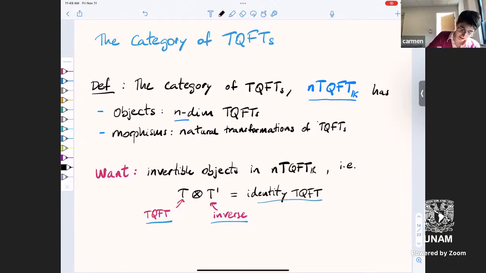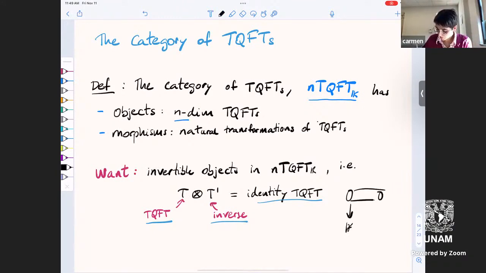And the identity TQFT is just going to send things to the ground ring, and then this is going to be the identity linear map. So that's what you're searching for, a TQFT that has an inverse. And not all of them do, but some of them do.